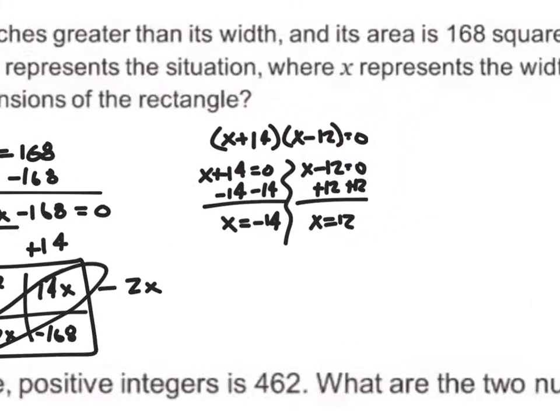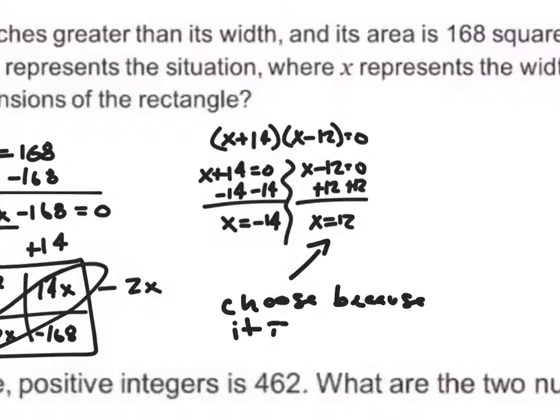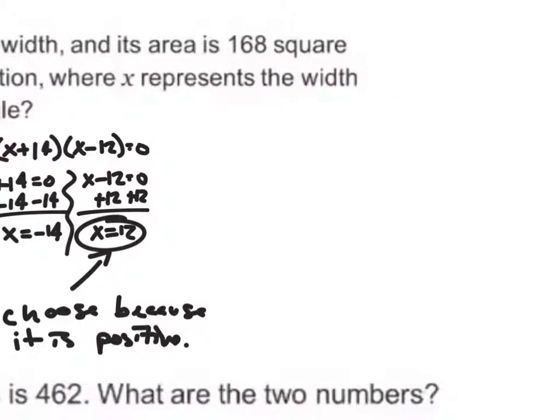So we choose this, because it is positive, and that's what we've got. So then our dimensions to answer the question are going to be this, that it's going to be 12.